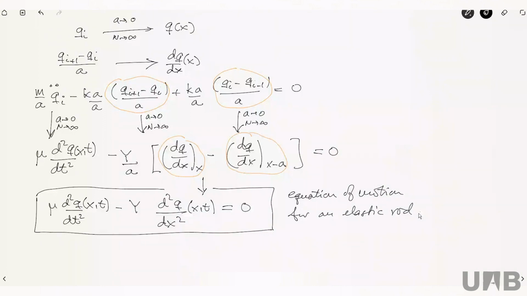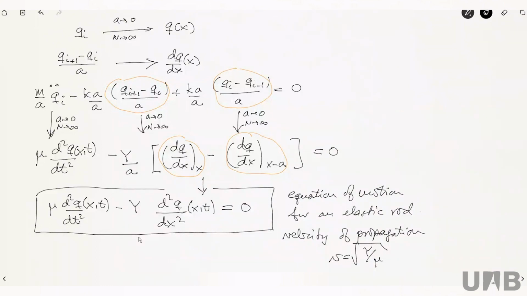Okay, and for instance, the velocity of propagation on this rod is nothing but the square root of Young's modulus divided by the density of mass. Okay, so once you're given, this is a wave equation, right?